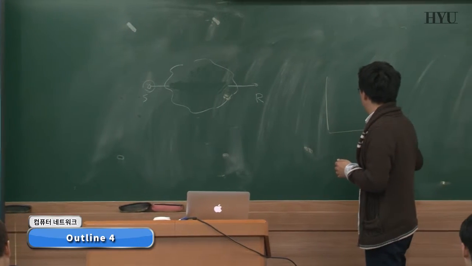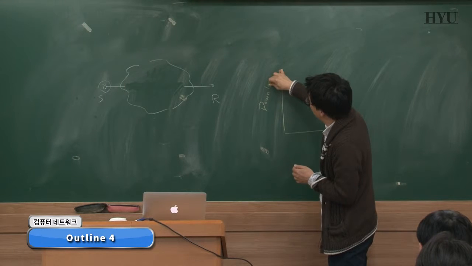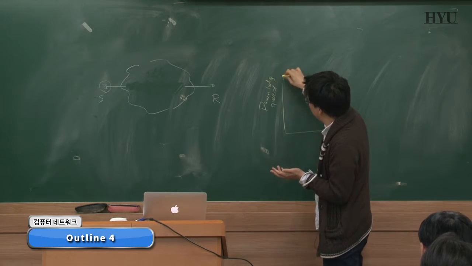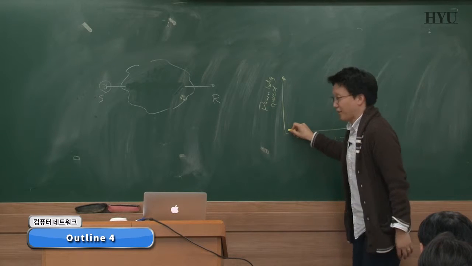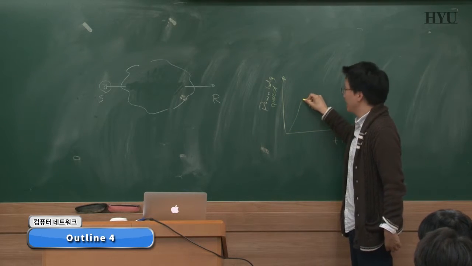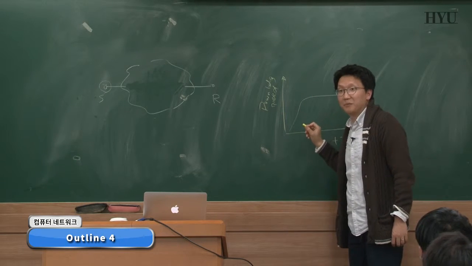This is time, and this is your device's downloading speed, maybe in bits per second. Start downloading, you can see that your speed increases initially, and then it seems to stay like this. This is typical behavior, right?